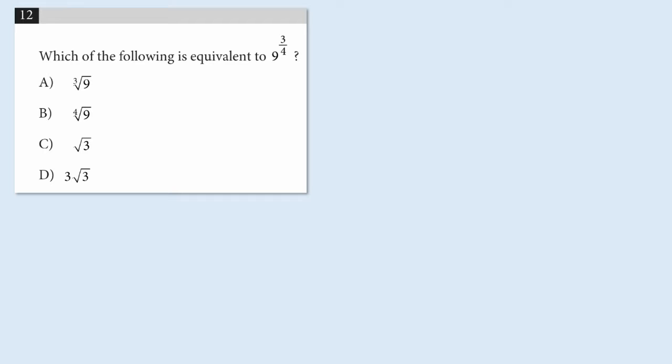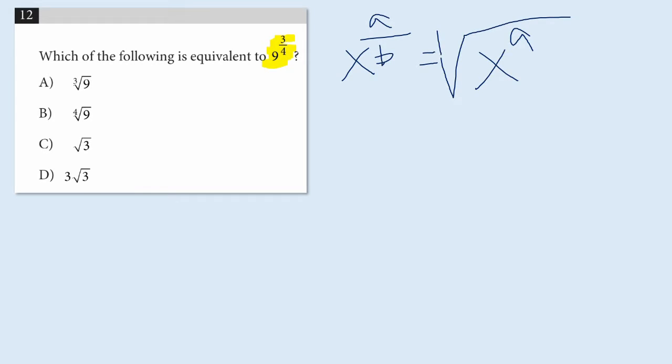As you can imagine, this problem is all about fractional exponents. And there's one key piece of information that it uses, which is x to the a over b power is defined as x to the a power taking its b root.